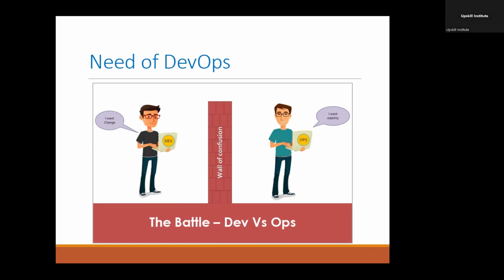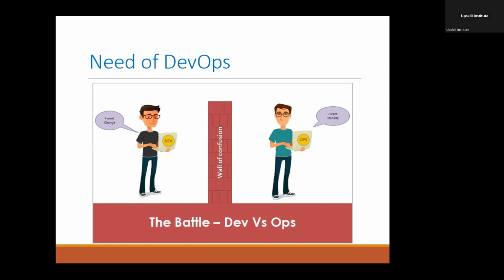But the operation team has to go back, downgrade the version of the application, and rehost it again. The operation team wants a stable application. So there was always a fight between developer and operation team. Let's say some application is working on the developer's laptop and it's not working on a production server. Then there will be again a fight about why it is not happening.